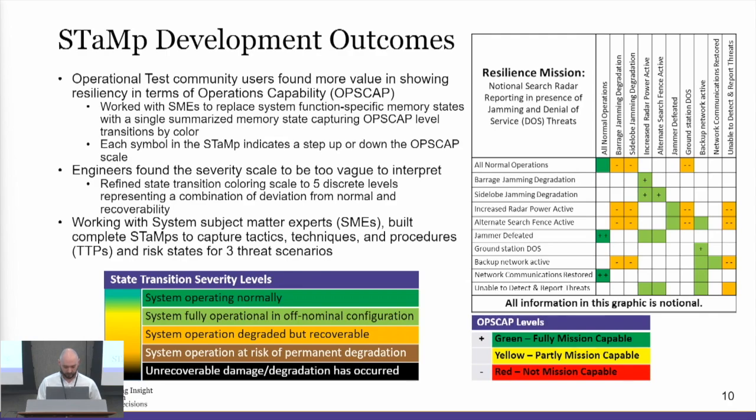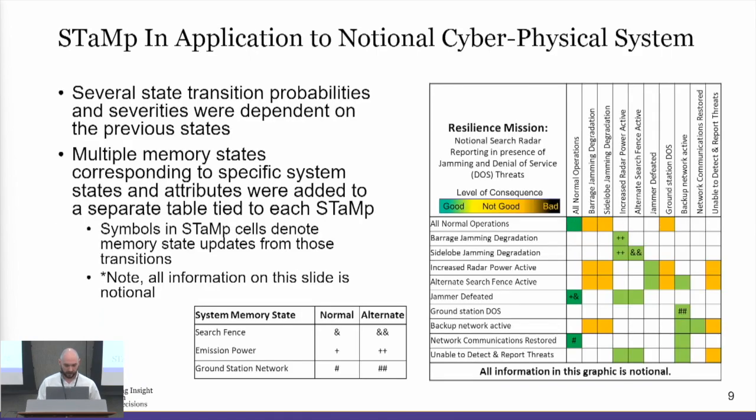So, in order to denote that, we've got that secondary table, like I mentioned, and each time you pass a particular symbol, it denotes a shift in that memory state to the alternate from the normal. And when you pass through the normal one, that's a shift back. There is one here that actually has two different symbols. Essentially, that means you're going back to normal if you're out of normal for either of these two.